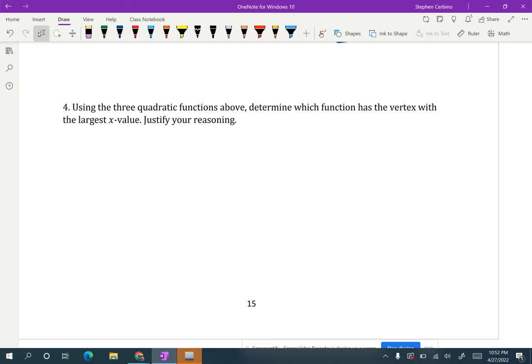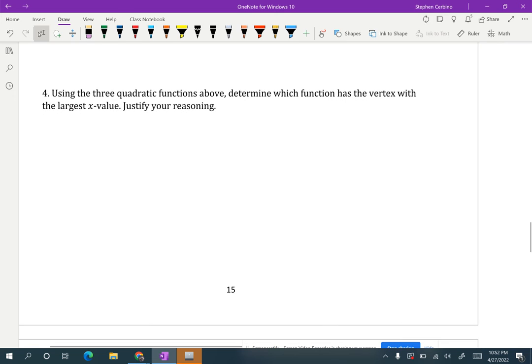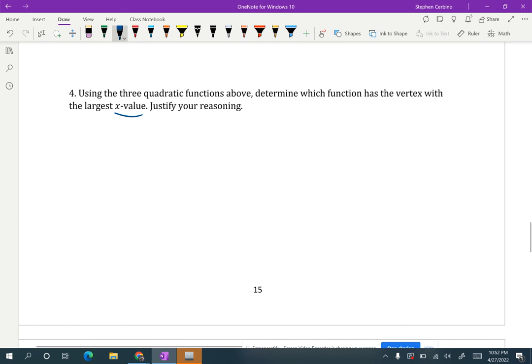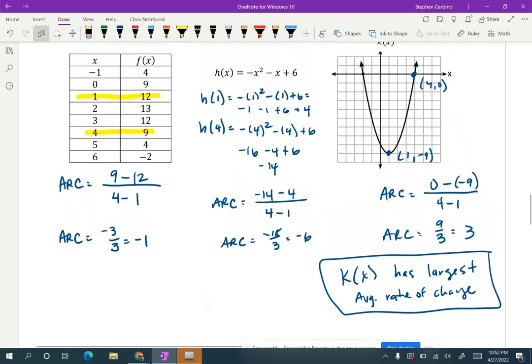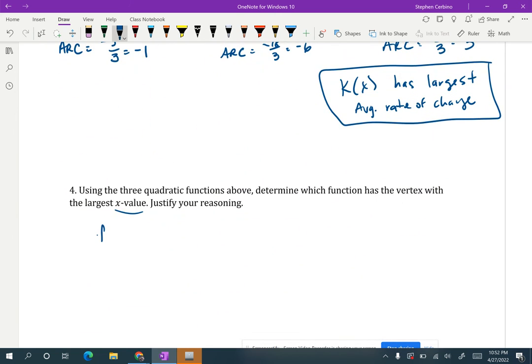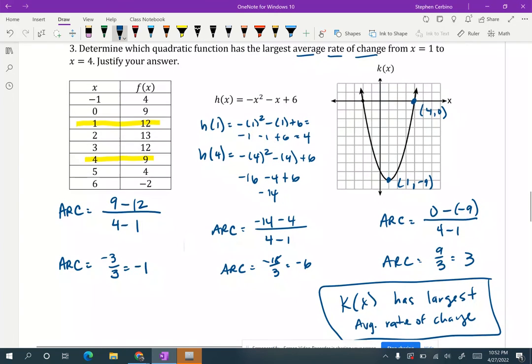For number 4, it says, using the 3 quadratic functions above, determine which function's vertex has the largest x value. Justify your reasoning. So the largest x value of the vertex. Let's take a look. We had 3 functions here. So f of x has a vertex of, looking at that table, right?